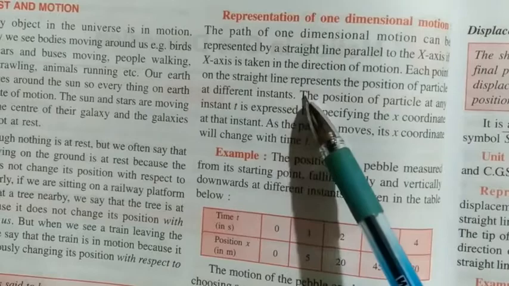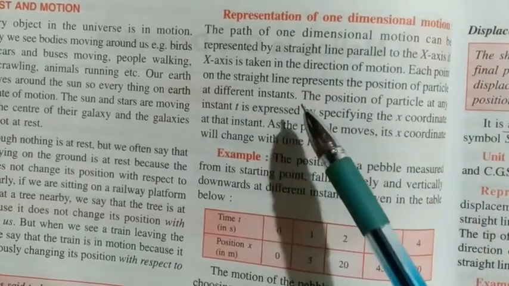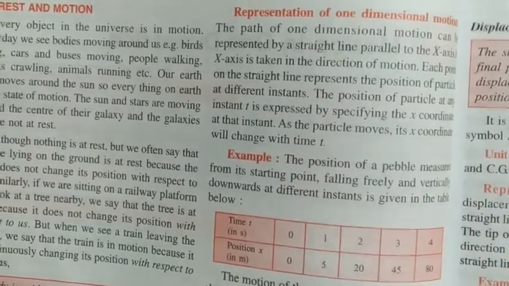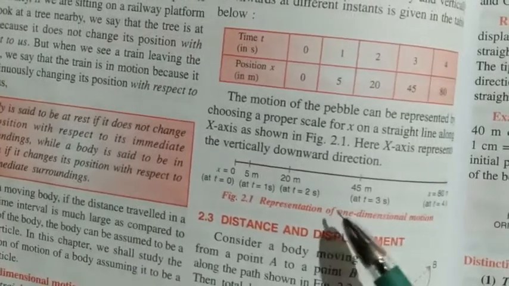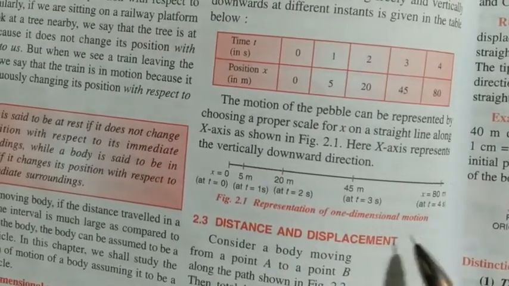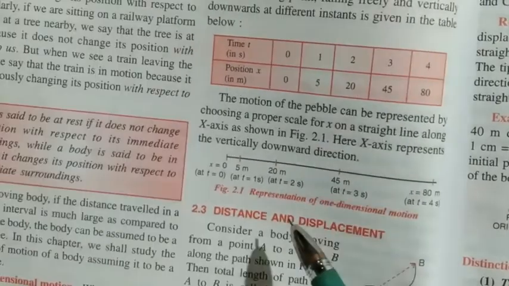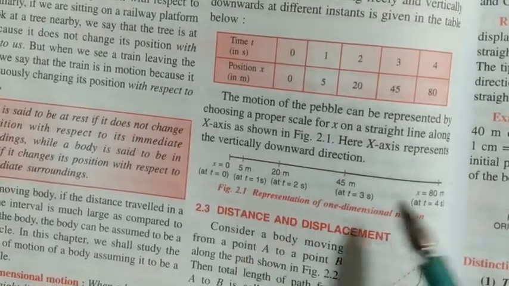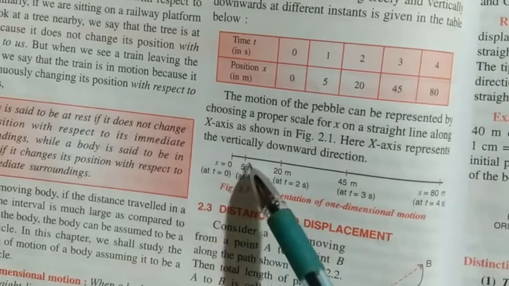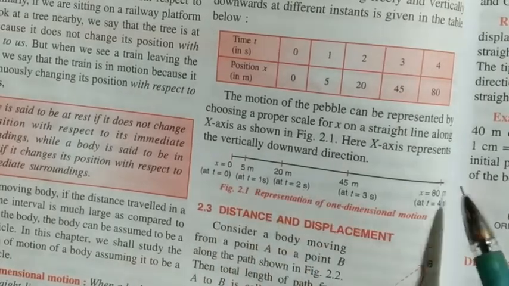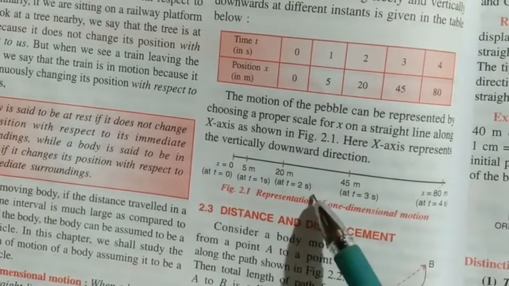Each point on the straight line represents the position of the particle at different instants. For example, here you can see the representation of one-dimensional motion. Here the path is in a straight line and the points are denoting the position of the particle at different time intervals.